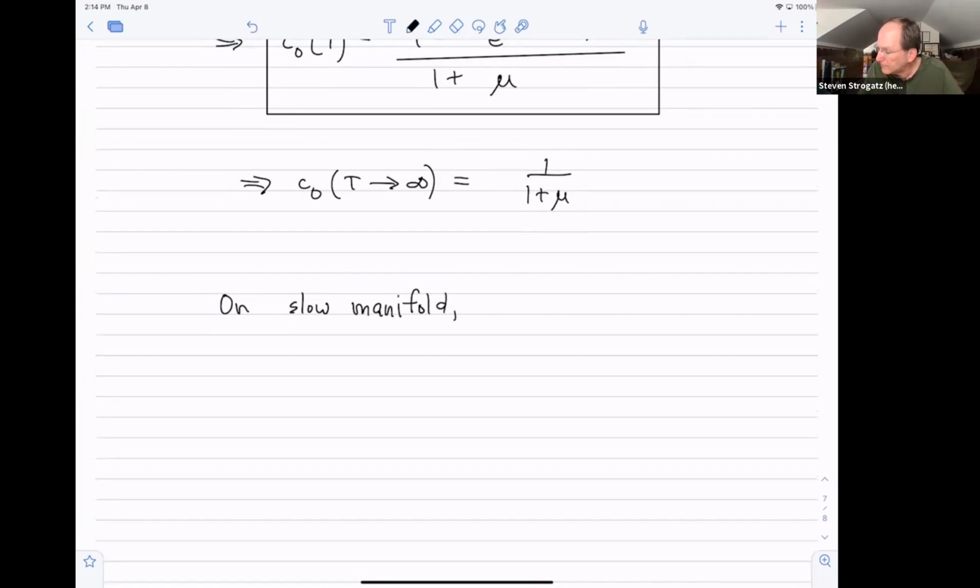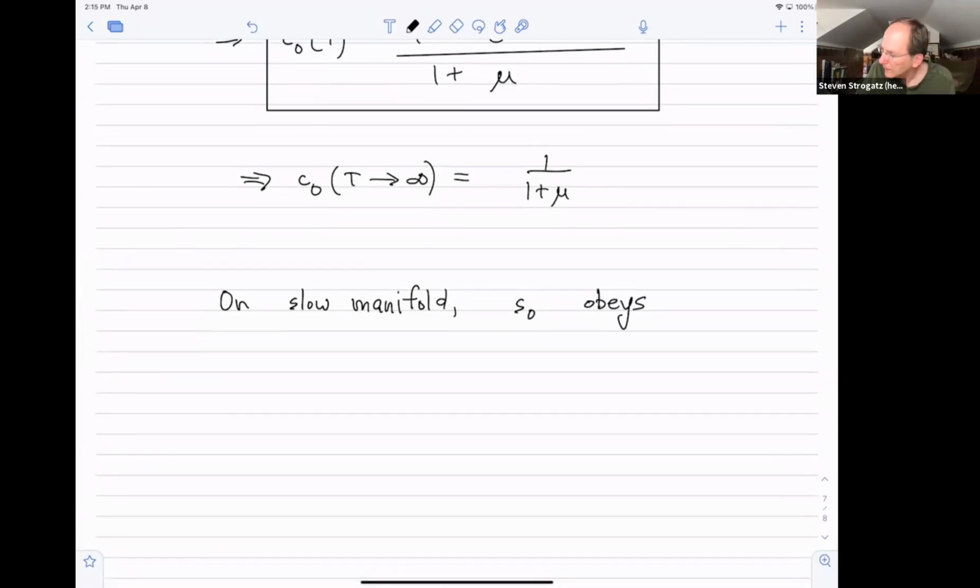Then we get this nice result, which is that S0 just obeys, well, however you want to write it, C0 is asymptotic to S0 over mu plus S0. That's one way of writing the slow manifold.